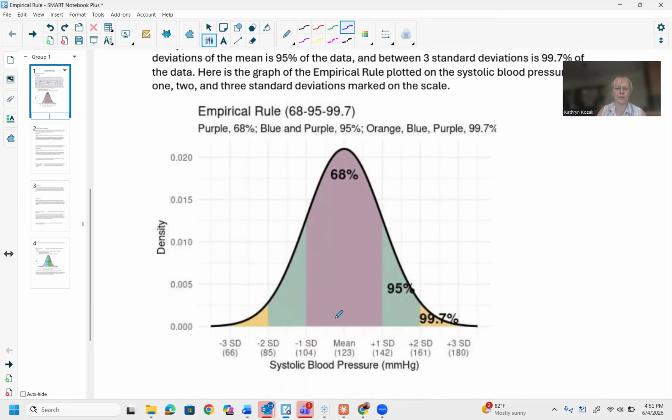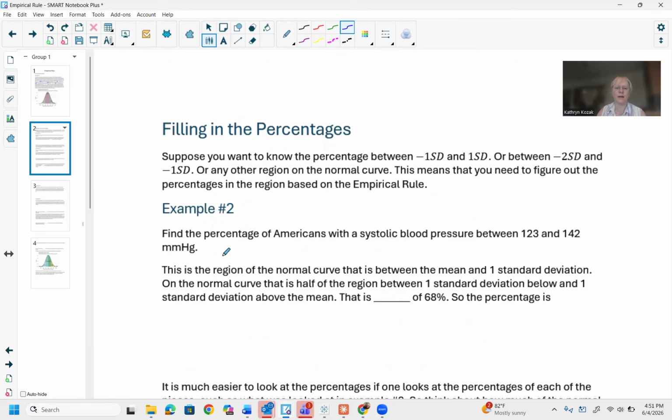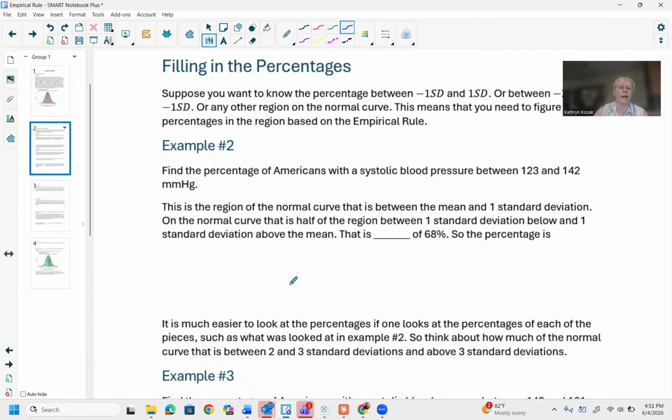That's this region here between the mean and 1 standard deviation. On the normal curve, this is half the region between 1 standard deviation below and 1 standard deviation above. That is half of the 68%. So that percentage is 68% divided by 2, which is equal to 34%.